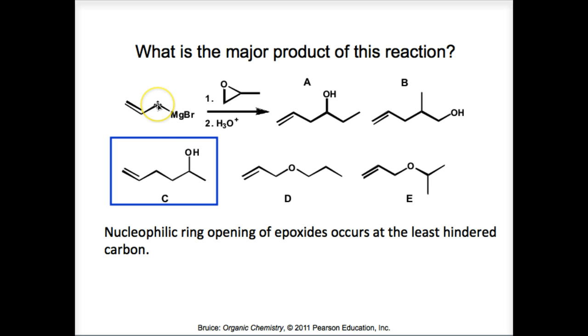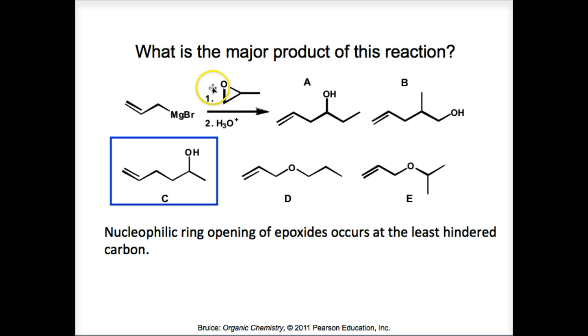It's going to go for one of these carbons that are bonded to the oxygen forming this ring. And this one right here is the least hindered of the two. Therefore, that's where the nucleophilic attack will occur.